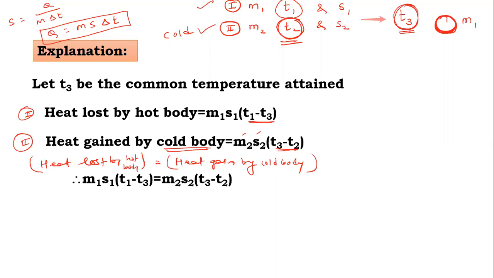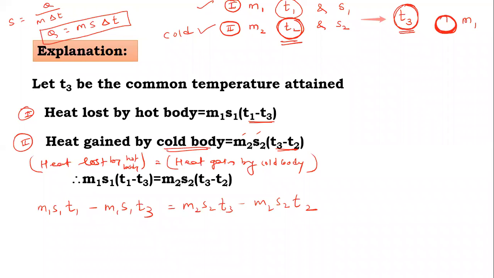So we write the corresponding formulas: M1 S1 into (T1 minus T3). Now we can expand this term: M1 S1 T1 minus M1 S1 T3 is equal to M2 S2 T3 minus M2 S2 T2.